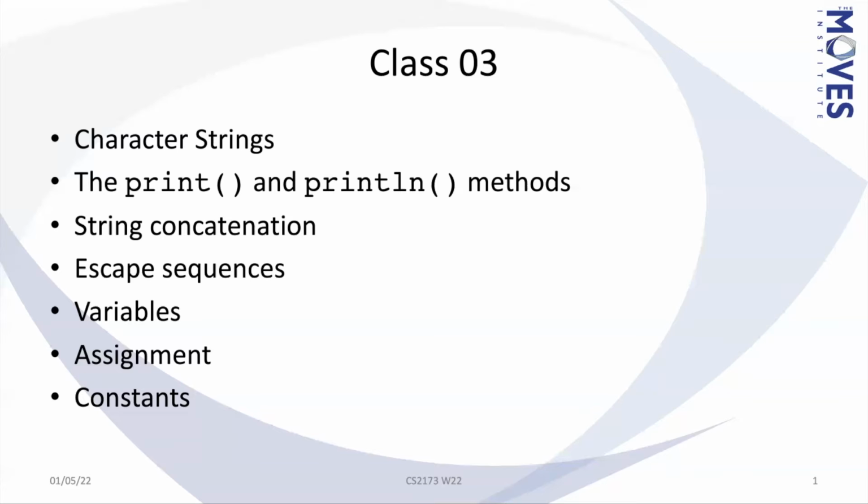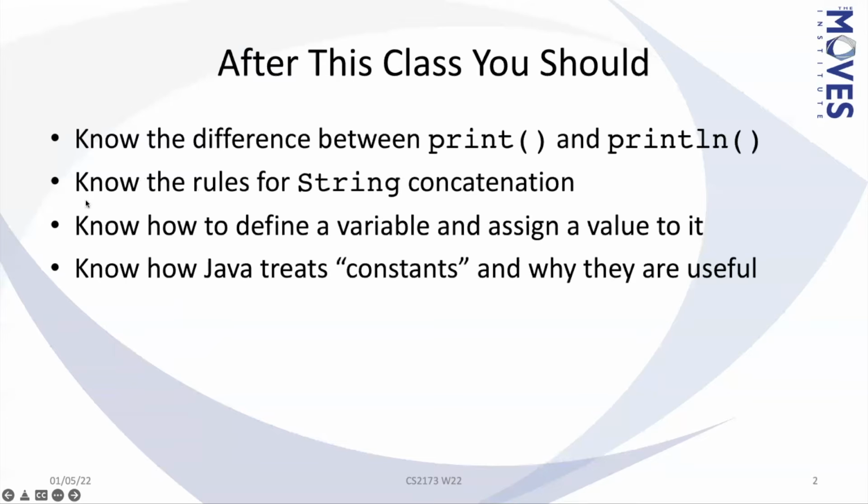And how do you do that? We'll look at that, variables, assignments, and how Java treats constants. Again, Java does not have the concept of a constant or a global variable, but there's kind of the moral equivalent of that.